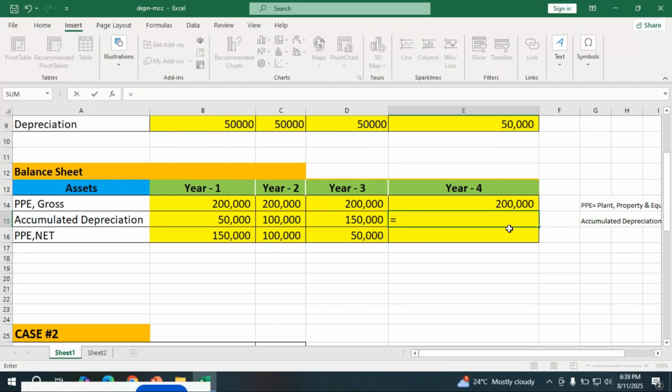See here, it is 50,000 of year 1 plus 50,000 of year 2 plus 1 lakh 50,000 of year 3.